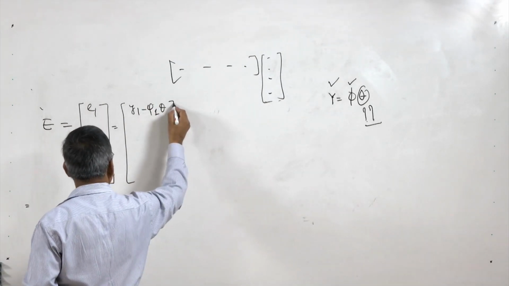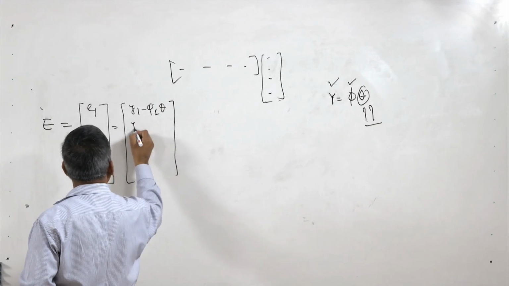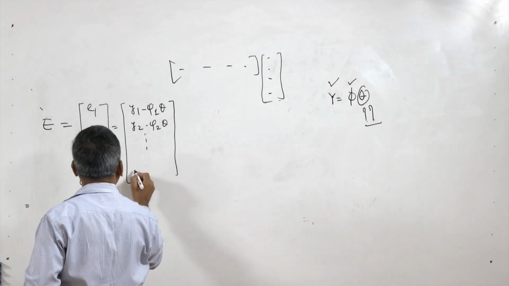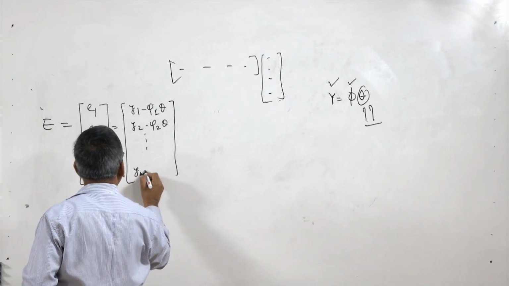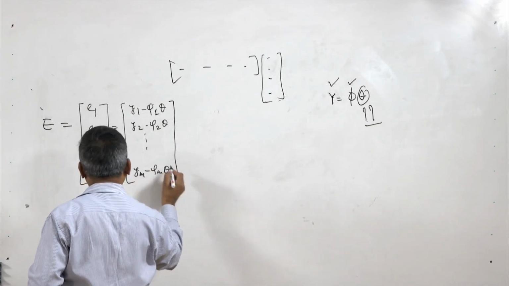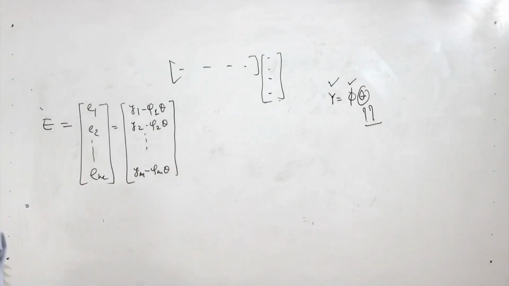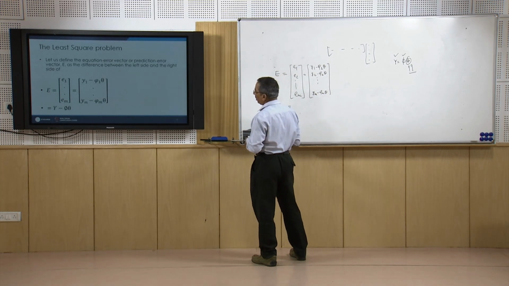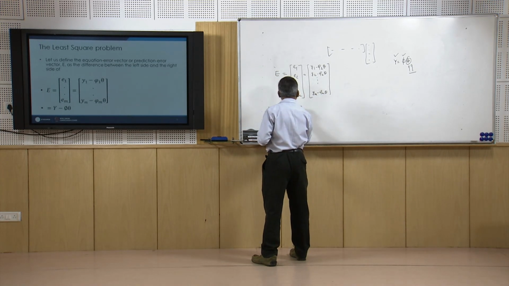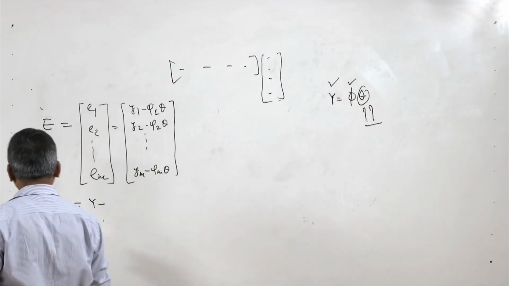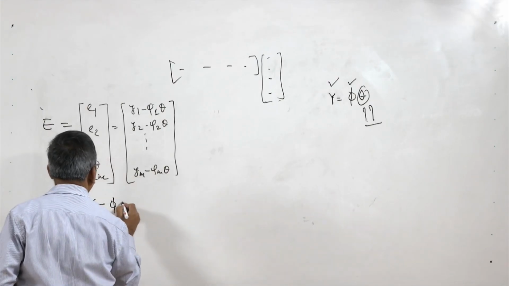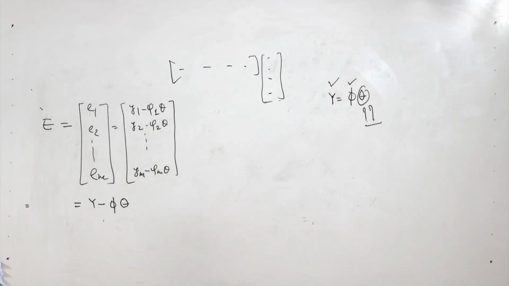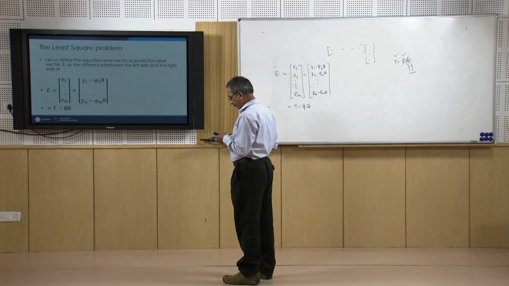So, it is this, and then we will have here y2 minus phi 2 theta, and finally we will have y m minus phi m theta. Okay. So, this E we can again put in short as y minus phi theta. So, this way we can write it.